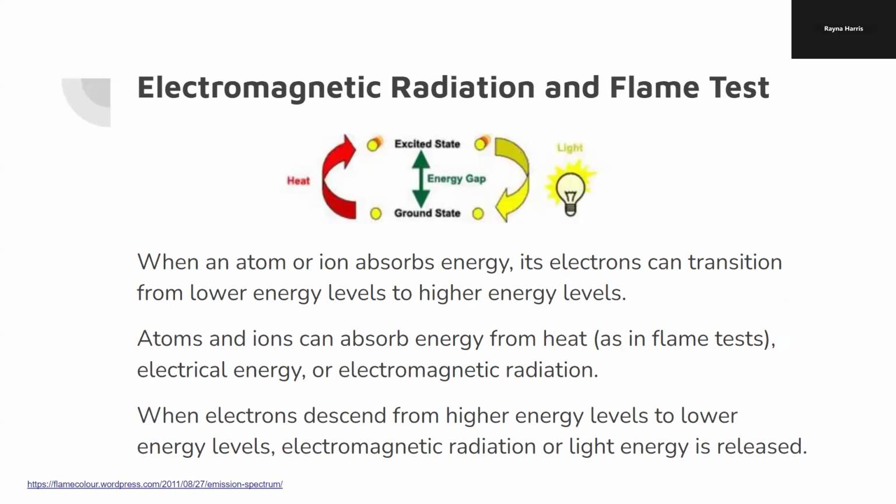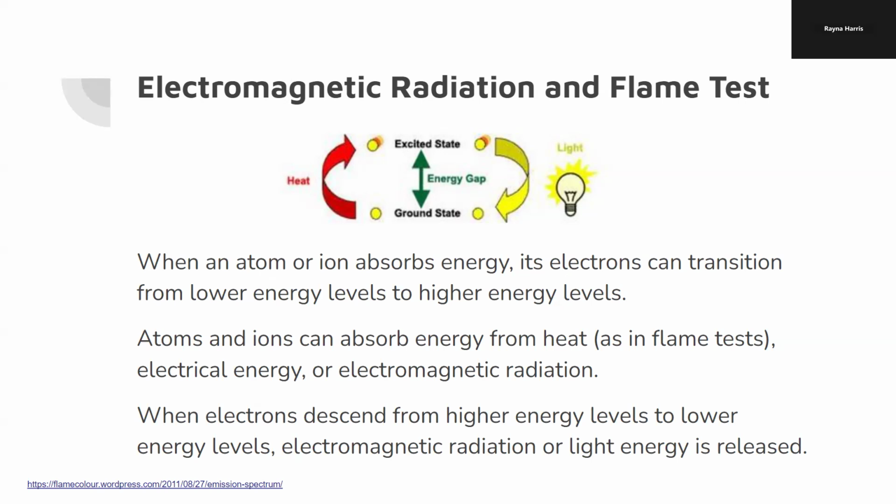We talked about how when we draw our nucleus, we have these rings where our electrons live. If an electron is here and you give it heat, it can jump to a higher state. So when an atom or an ion absorbs energy, its electrons can transition from a lower energy to a higher energy.